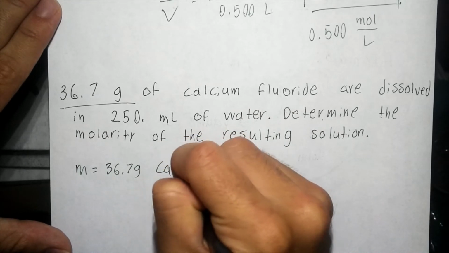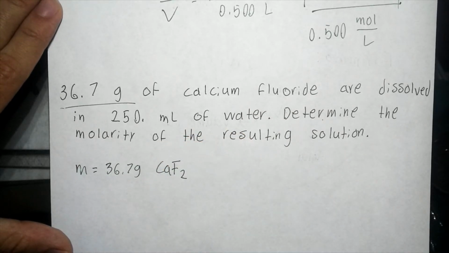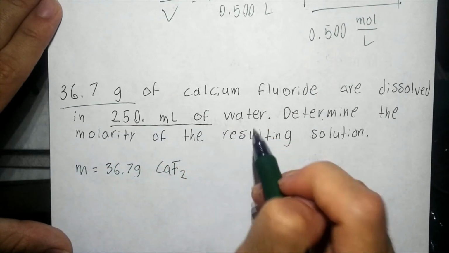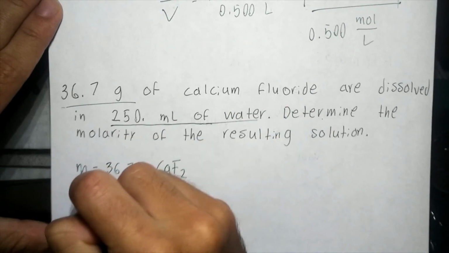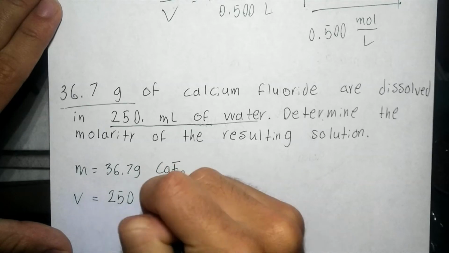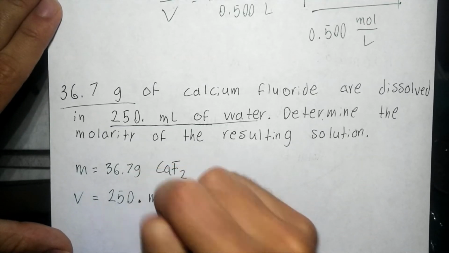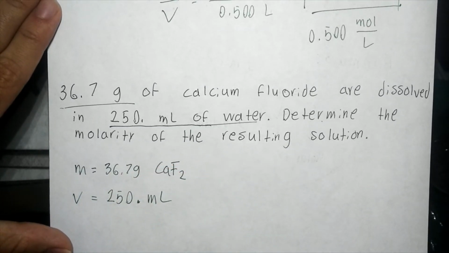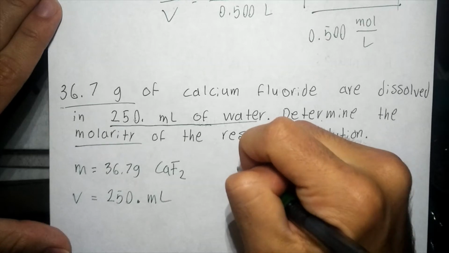Calcium fluoride is CaF2. And we're given our volume of the solution in milliliters, 250 mL. And they're asking for the same thing. What is the molarity of the resulting solution? So we're looking for big M.